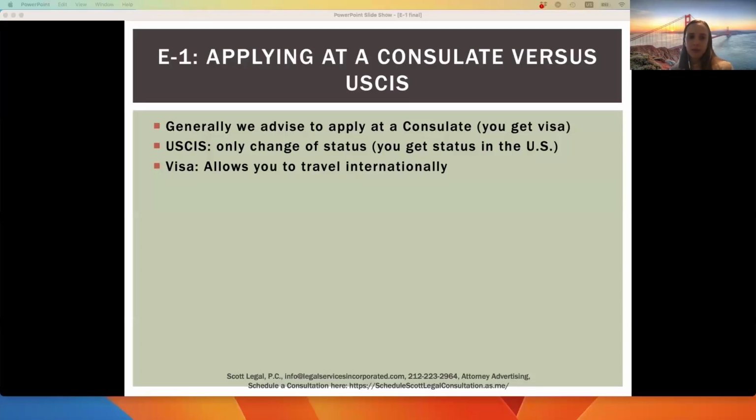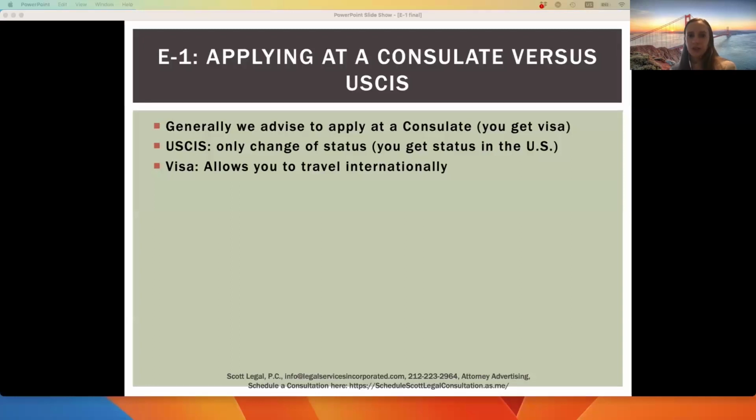Because let's say that you apply for the change of status and it's approved, but you already know that you are going to travel in the next 2, 3, 4 months. You will need to apply for the visa at a consulate anyway. And one advantage of applying at a consulate is that for many countries, the reciprocity period, the period of time the E-1 visa can be issued for, is 5 years.